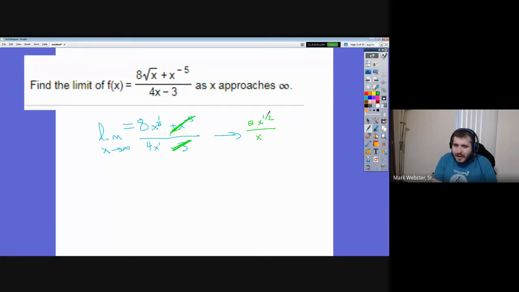Over x to the first. Well, if we're going to do that, we have to remember how to simplify these things, right? We subtract the top one from the bottom one. If it's a negative, we put it on the bottom. If it's a positive, we put it back on top. 1/2 minus 1, well, that's a -1/2, right? And notice -1/2, so I put the 1/2 on the bottom.